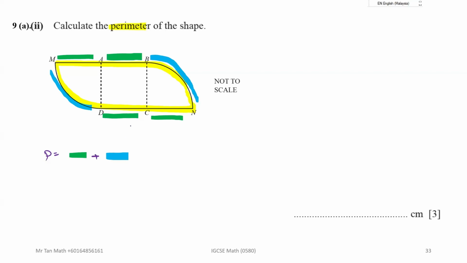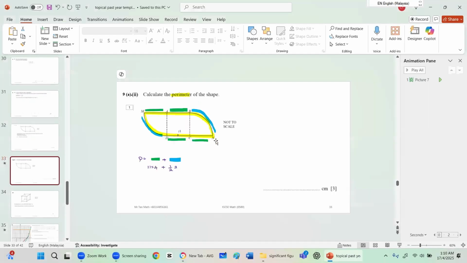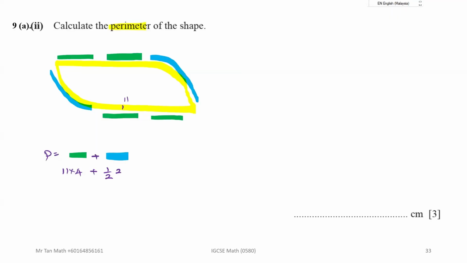Okay, so the green color, this is 11, so it's 11 times 4, plus this half circle just now. That will equal to half times 2 pi R. Sorry, I accidentally pressed and the show started again. Okay, we continue.